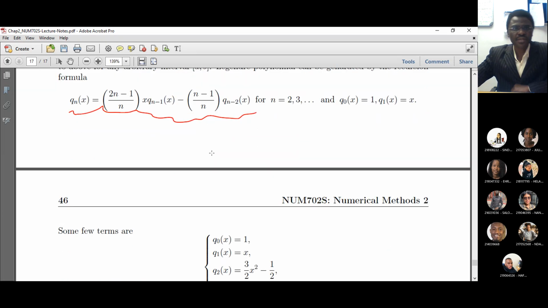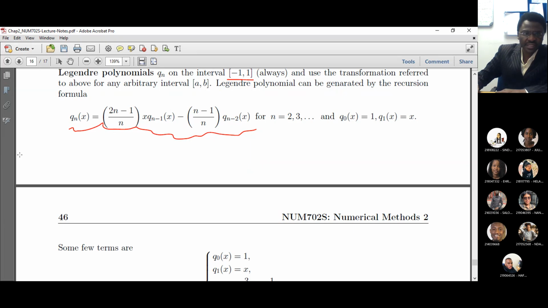If we want to take n equal to 3, we need to compute Q1 and Q2. Right? Now, let us come here. Let me write it. If n is equal to 3, that's for the 3-point, right? N is equal to 3. Now, Q3 x will be 3 times, that is 5 by 3, right? 6 minus 1, 5.